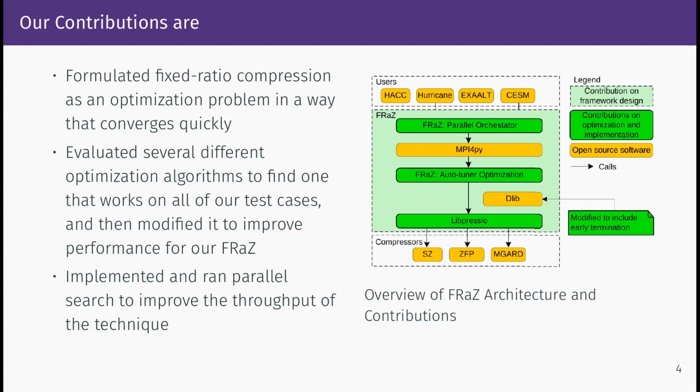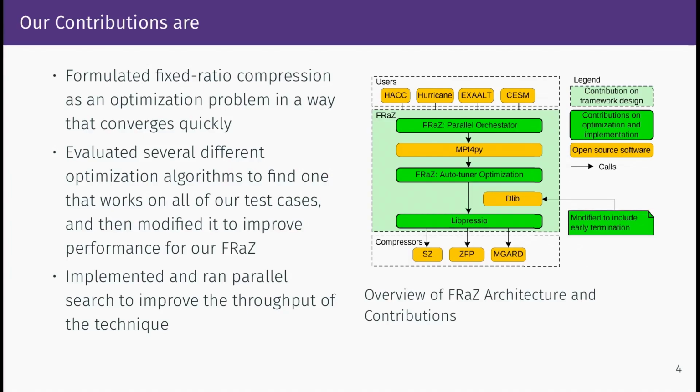On the right, you can see a depiction of the system that we developed over the course of this project. So at the top, we see a number of users that we have. These are going to be different applications that users are bringing to us. Hack, Hurricane, Exalt, CESM, these are all data sets we tested on. We contributed the design of the system, which we call FRaZ, as well as a number of the components of that system.